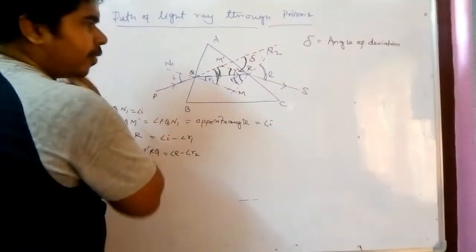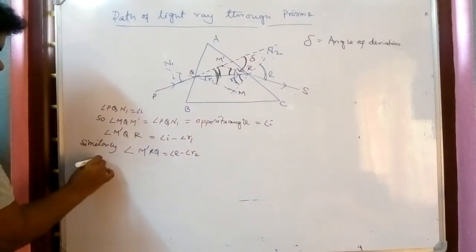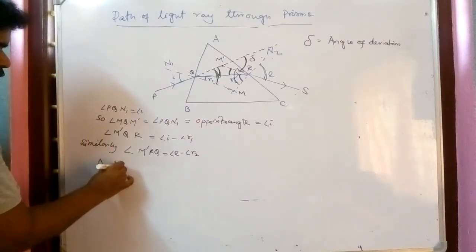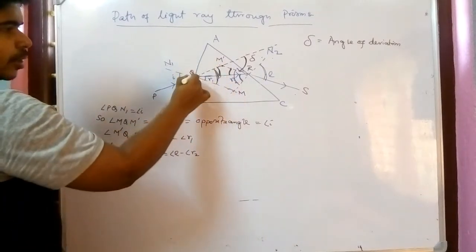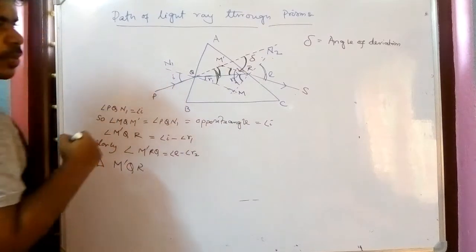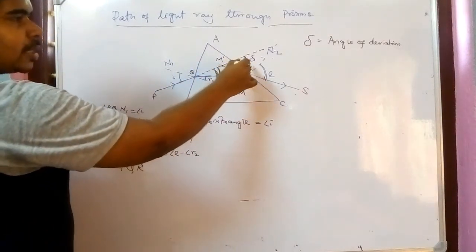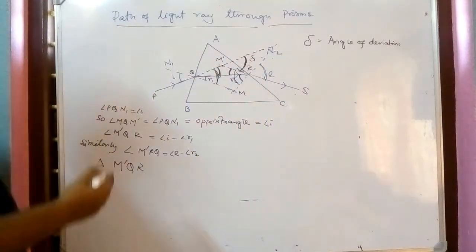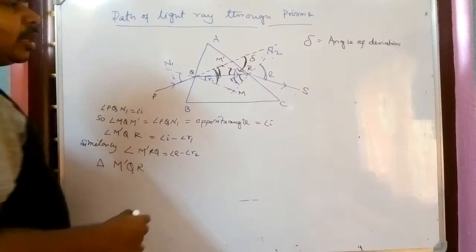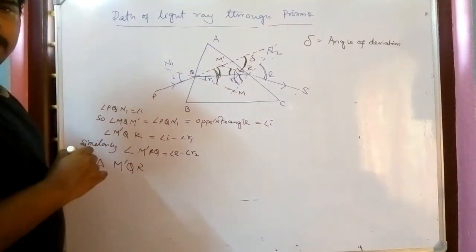Now, if I have taken one prism, that prism is prism M dash QR. If we have taken this prism, you see this delta is the outside angle of the prism, and we know for a prism the outside angle will be equal to the sum of the inside angles.